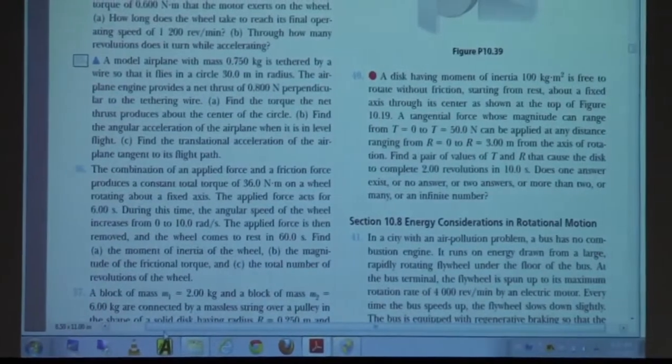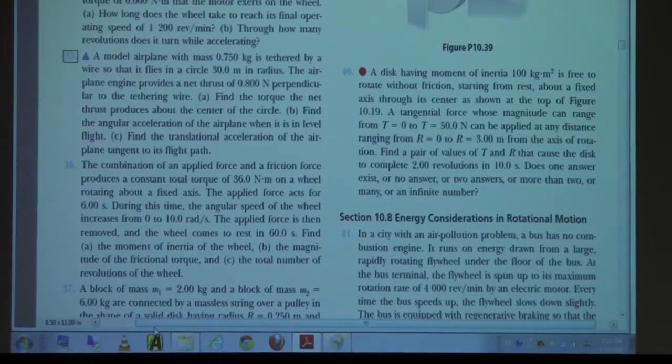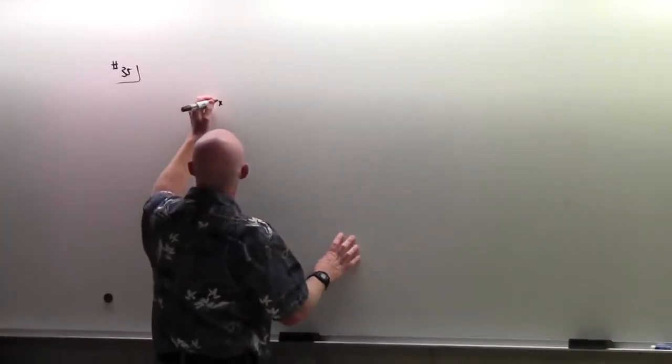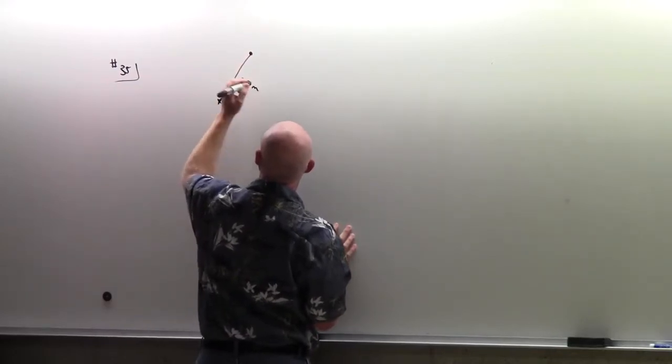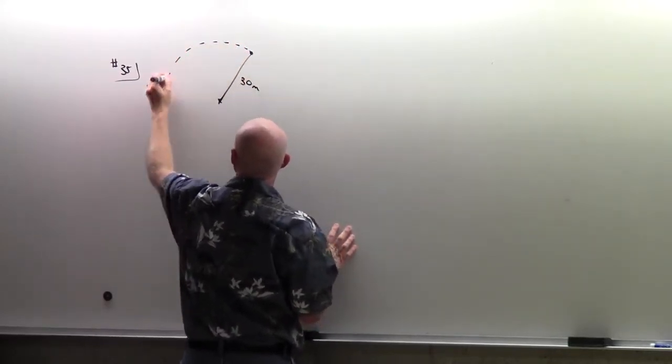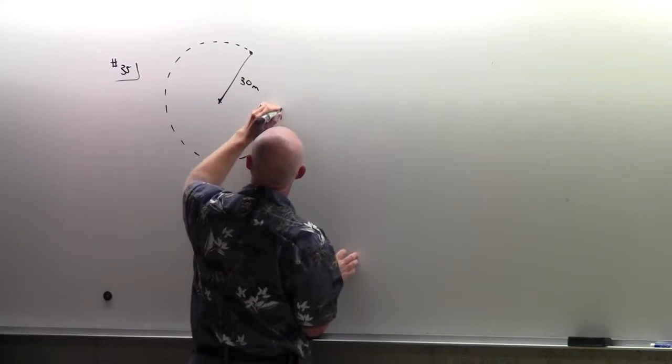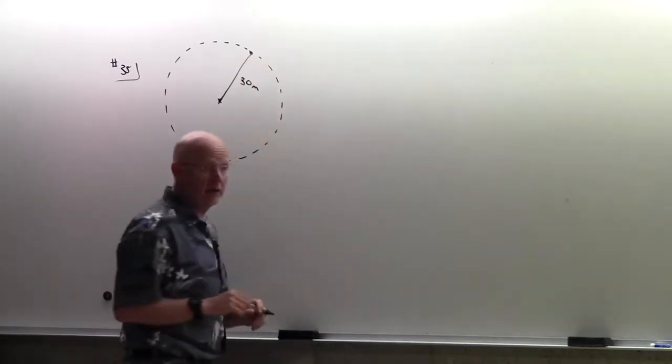It says a model airplane with a mass of 0.75 kilograms is tethered by a wire so that it flies in a circle of 30 meters in radius. So maybe looking from above, an aerial view, there is this long wire, which they say is 30 meters, and then we've got this airplane at the end of it flying in a circle.